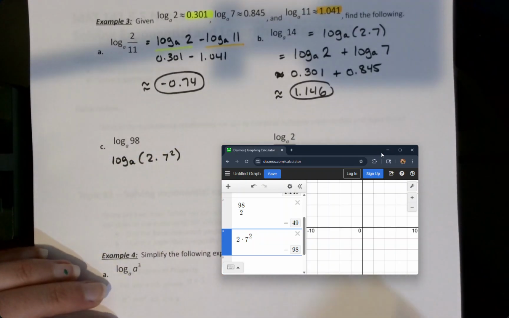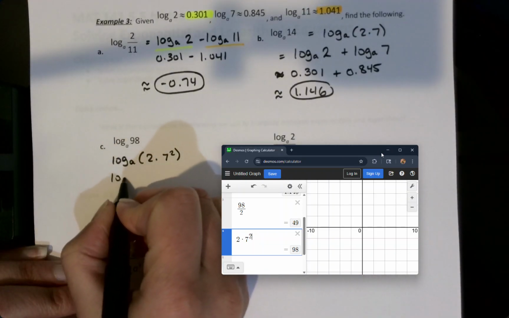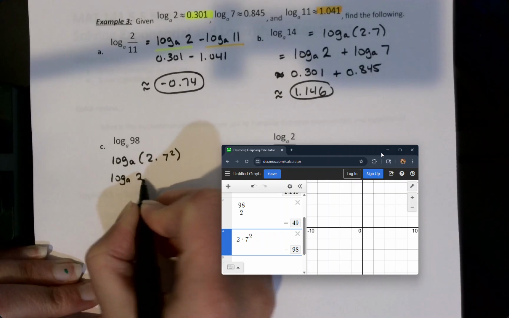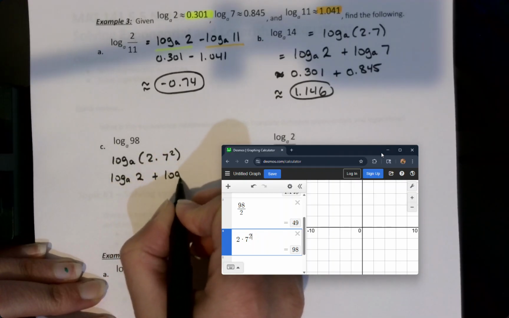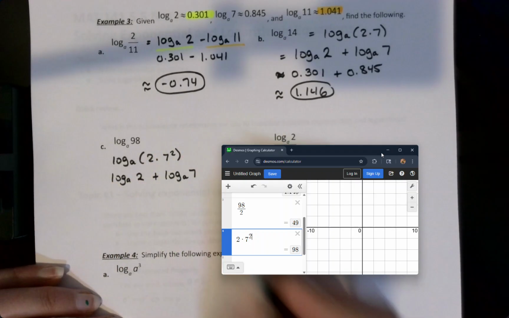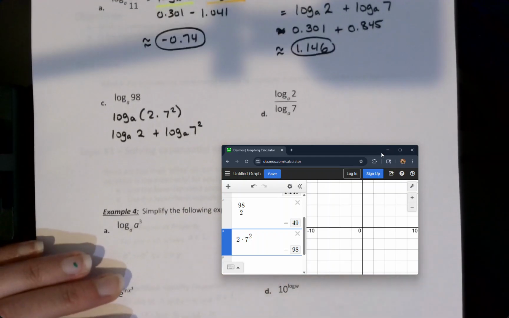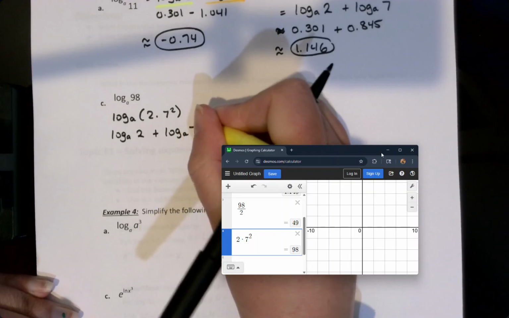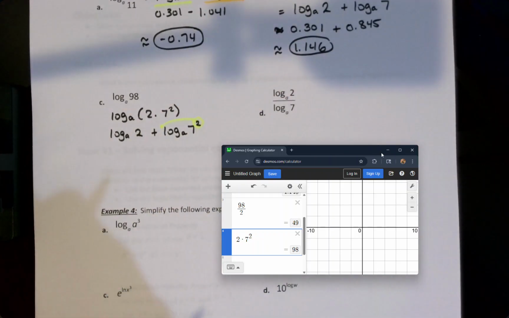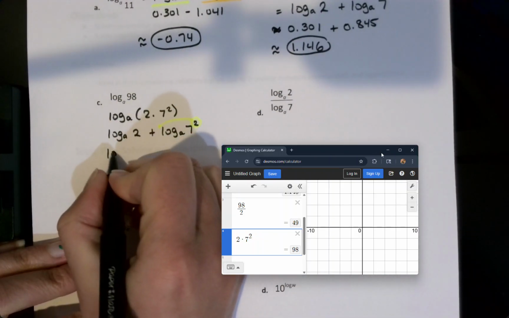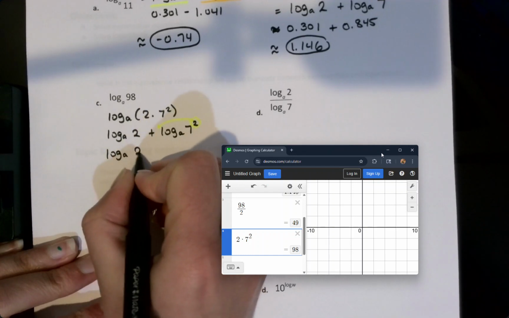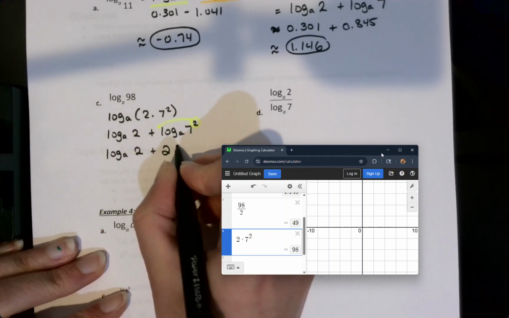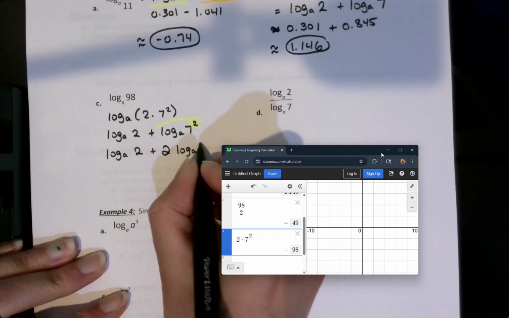Largely, this is a product, so we're going to separate this into log base A of 2 plus log base A of 7 squared. And now we have the power property, so we'll take our exponent down as a multiplier. And this is log base A of 2 plus 2 times the log base A of 7.